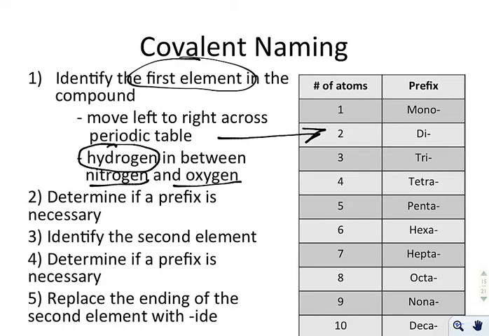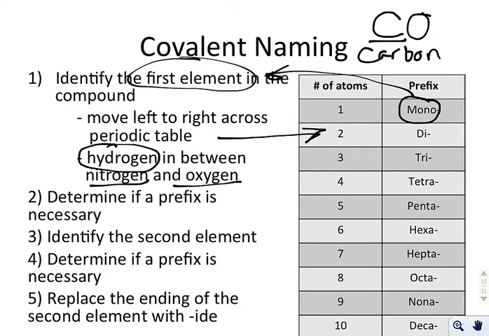And then the next thing you need to do is determine a prefix if necessary. Now, if there's a prefix, we do not put mono with the first element. If there is only one atom there, for example, if I have this right here, the first element is carbon, I would call it carbon, not monocarbon.